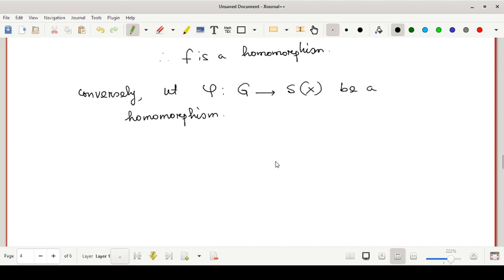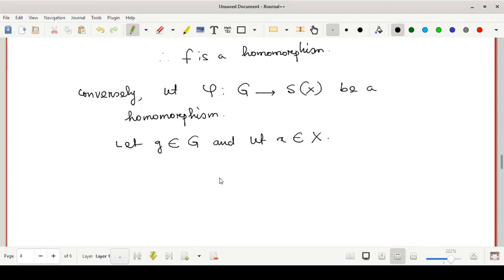Okay, we need to show that G acts on X. Let g belong to G and let x belong to capital X.